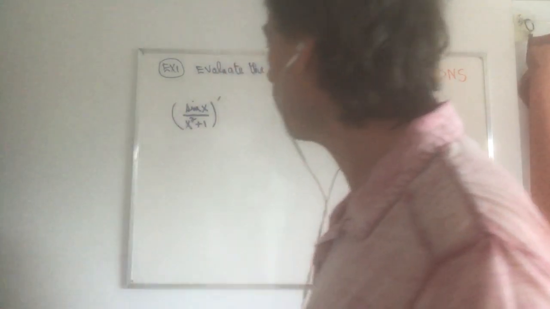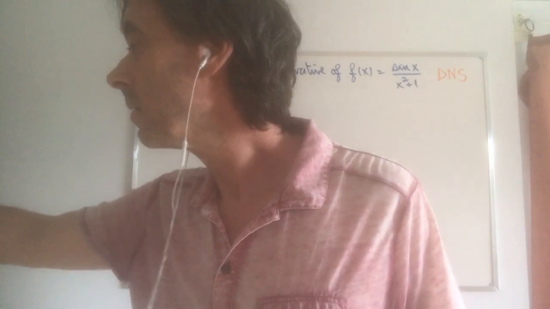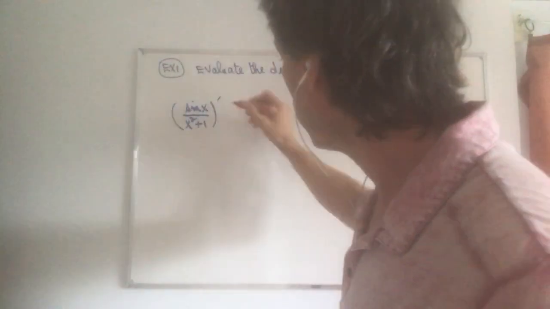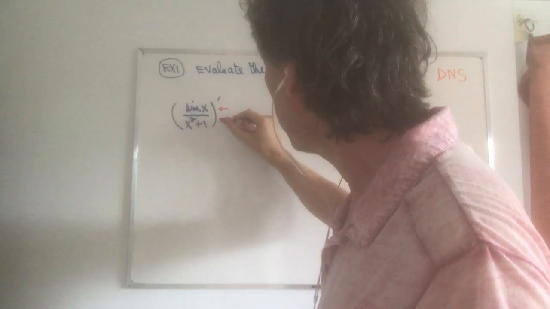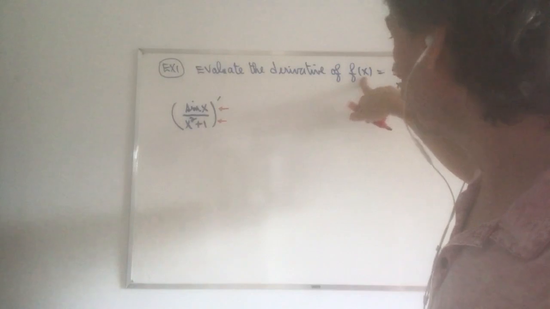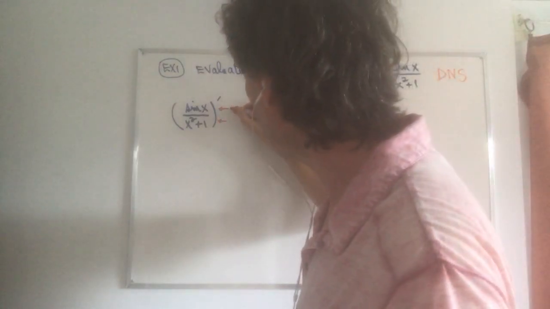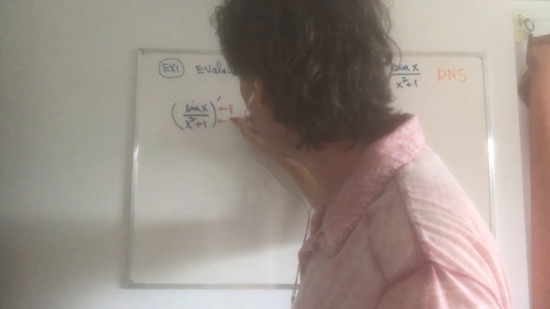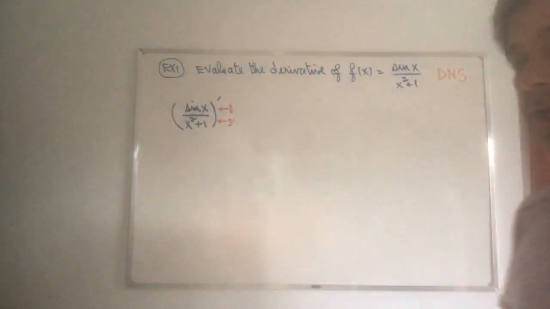Well, what do I have here? You recognize this perhaps to be something we've seen before. I have an upper function and I have a lower function. So I know this function is called f, but I'm going to abuse the language a little bit here, and I'm going to call this numerator f and this denominator g.